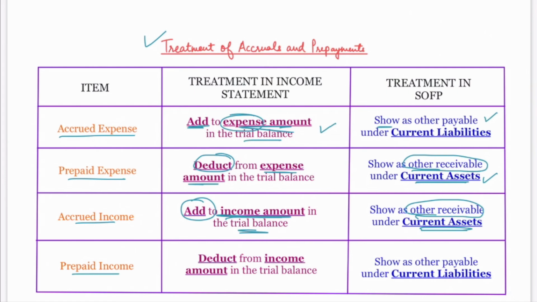In case of prepaid income, you'll deduct it from the income amount in the trial balance and show it under other payables under the current liabilities heading in the statement of financial position. One thing: there are a lot of chances that you may get confused between this treatment, what to add and what to deduct. So make sure that you practice a lot and don't get confused between them, because it is a very scoring and easy topic.